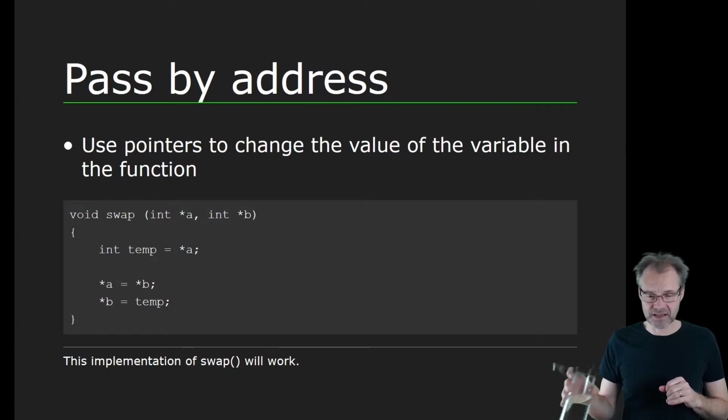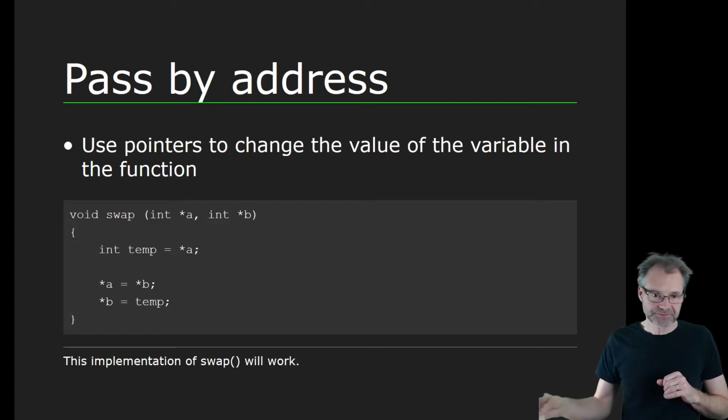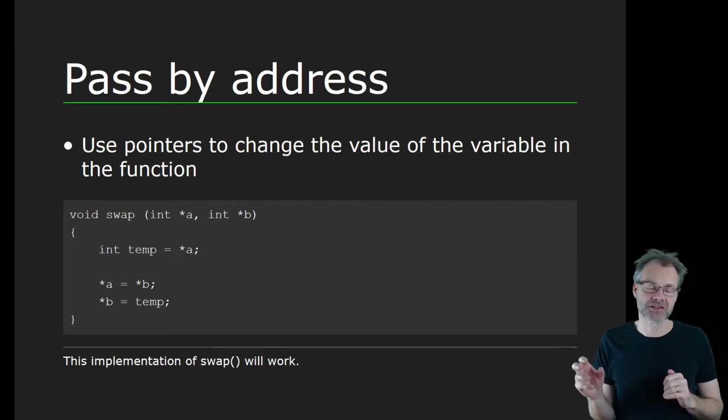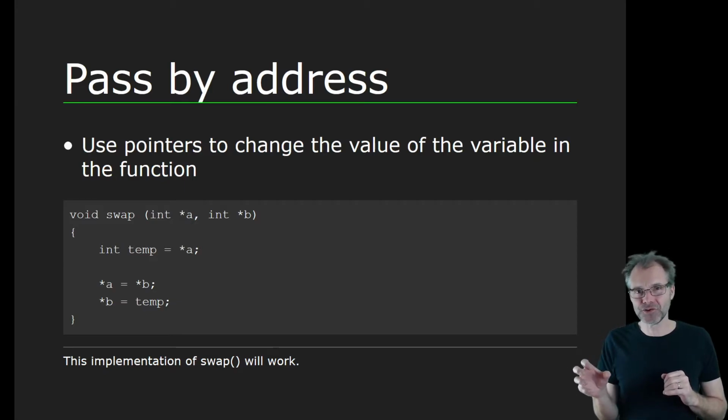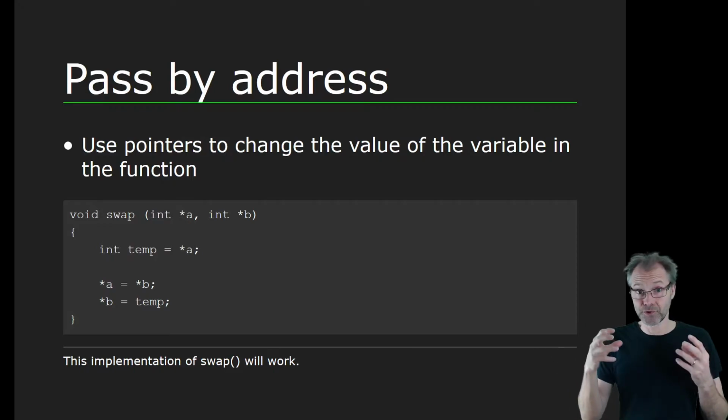And this is something that is called pass by address. What we are doing here is building the swap function to take an integer pointer instead. So we get a pointer to an integer. And when we have this pointer, we can point out that part in memory and write directly into that memory and change its value. So then we have two pointers in here.